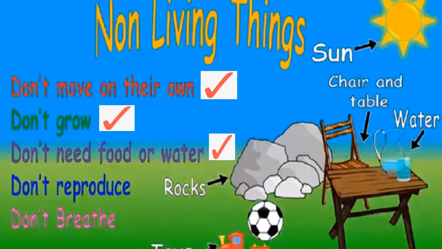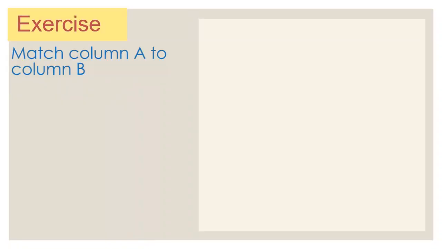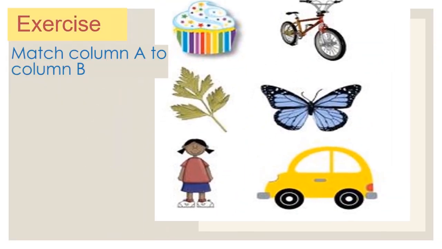They don't need food or water. Don't reproduce. Don't breathe. So they don't have life in them. That's why we call them non-living things.